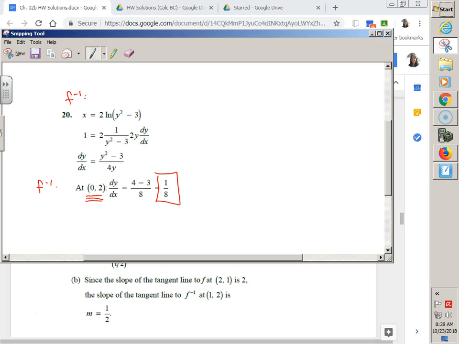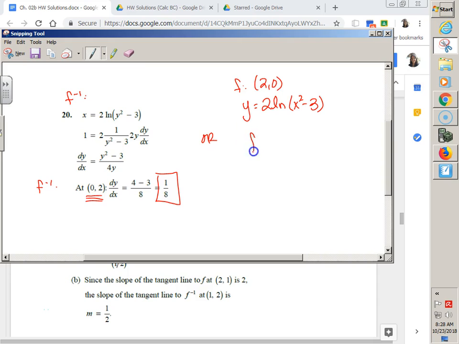If you wanted to use the formula, you would have had to go back, ironically, gone back to the original. If you wanted to use the formula, you could have gone back to the original, but you would have had to switch your point and say, and f's point is 2, 0. You would have had to not only switch the point, but also switch the function itself.